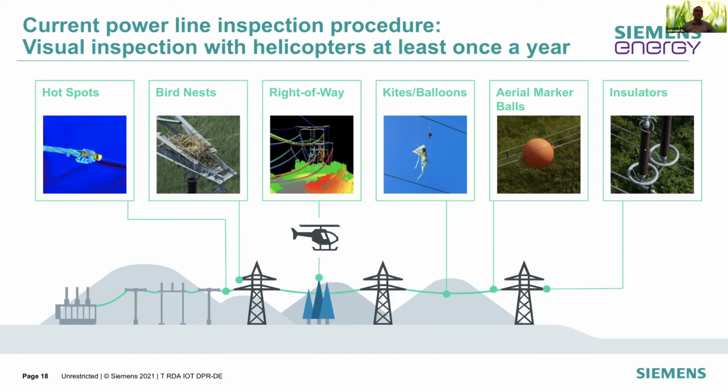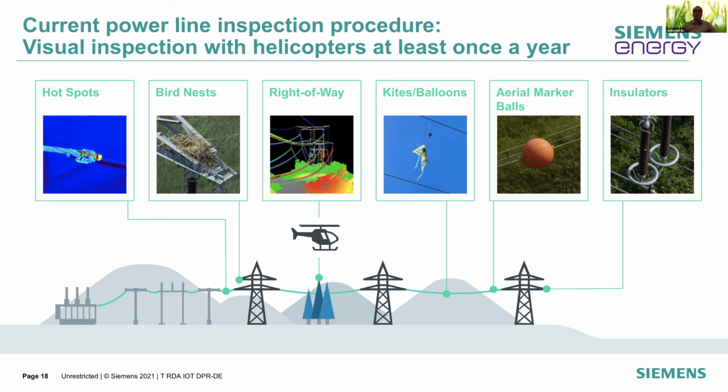The current procedure when power lines are inspected is completely manual. There is a team sitting in a helicopter, and they are flying over these power lines and doing the visual inspection. They are looking for hotspots or bird nests, for example.